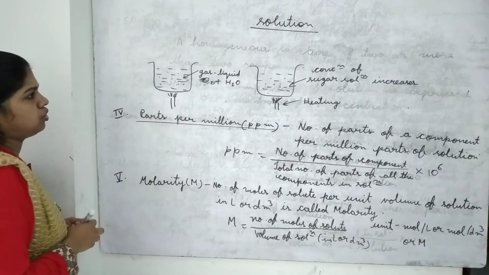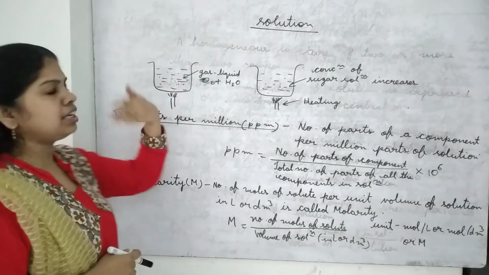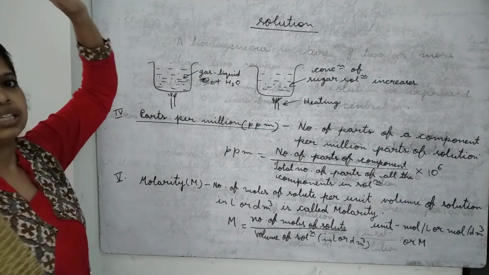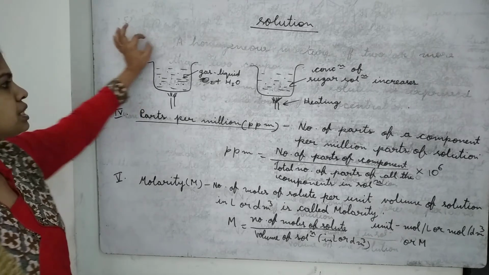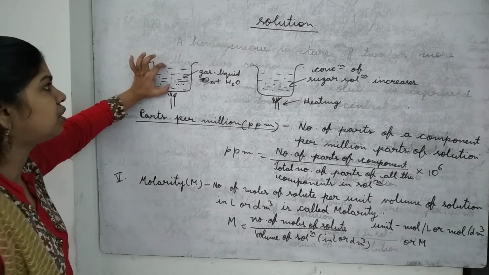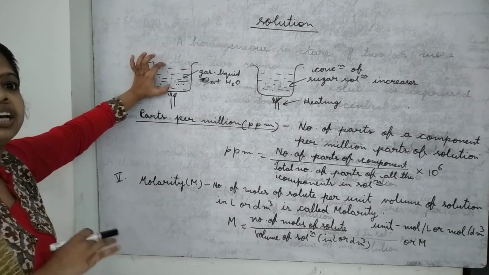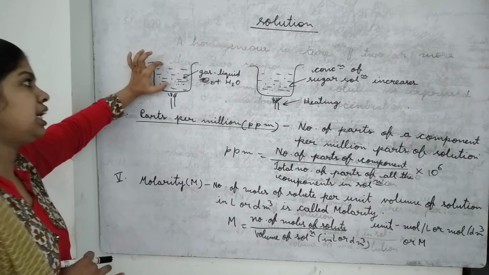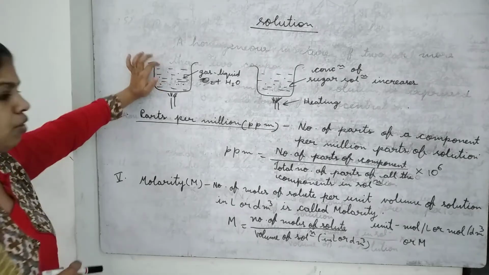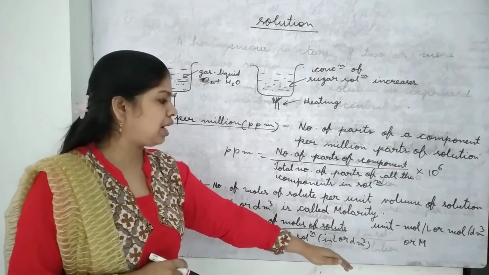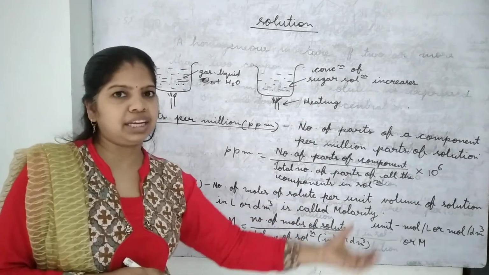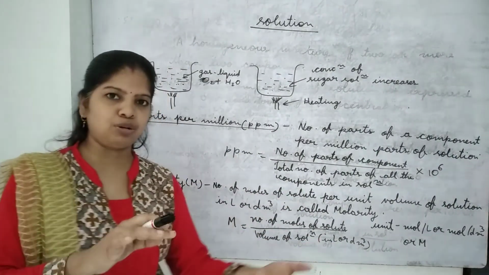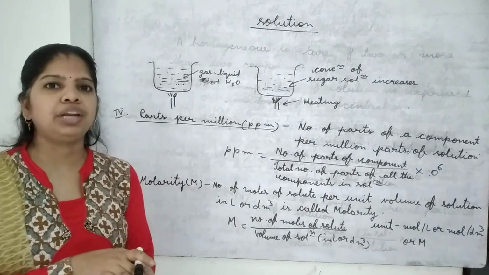If you heat this, then by increasing temperature, what will happen? Gaseous molecules will escape out. That means the concentration of solute in the liquid will decrease. So here we observe what? The number of solute particles will decrease by heating, and we will observe the volume of solution will decrease slowly.